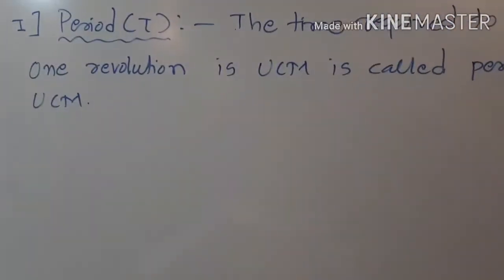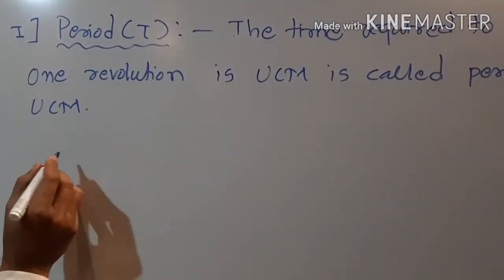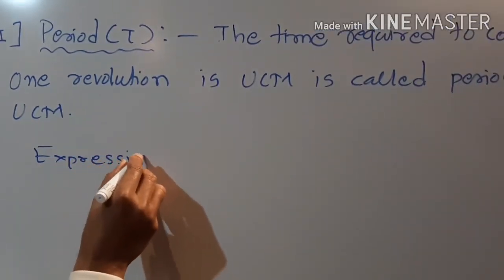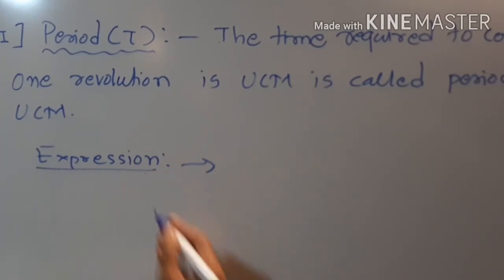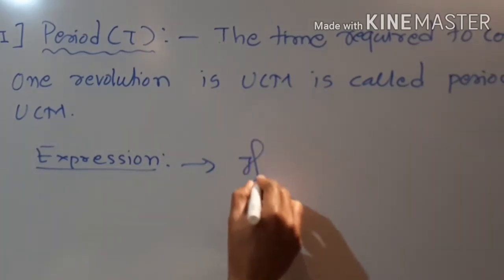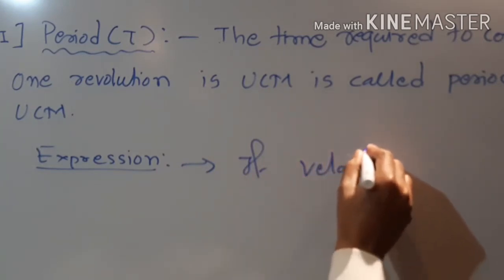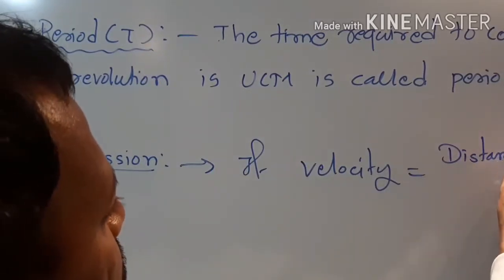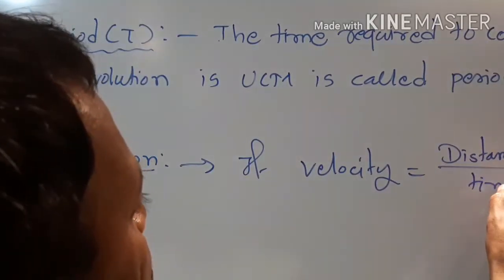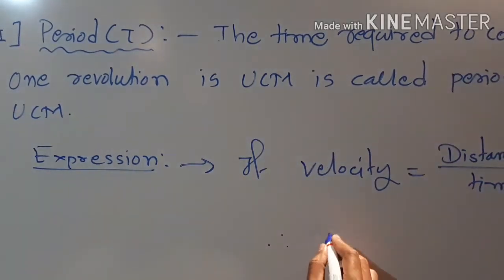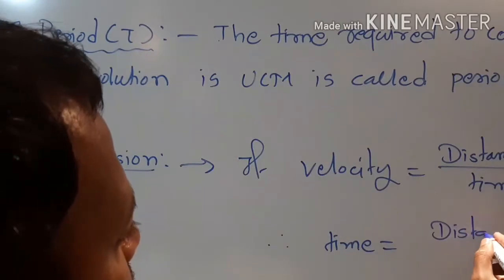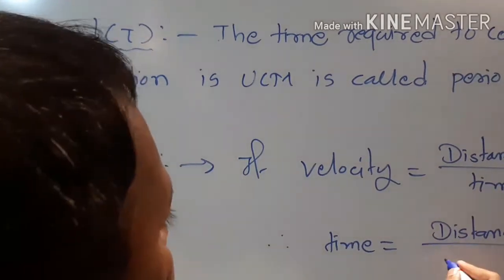Now its expression. Write down the next point, expression. In this expression, velocity is equal to distance divided by time, and therefore time is equal to distance divided by velocity.